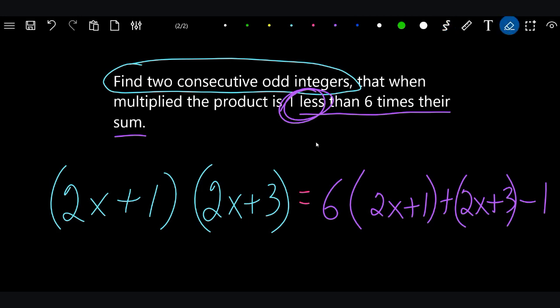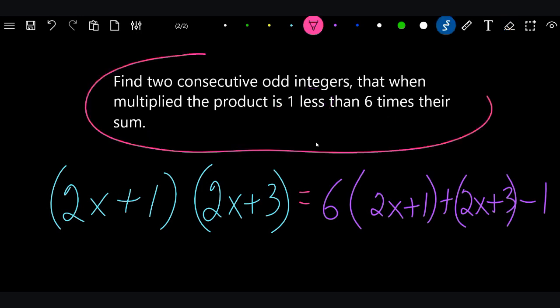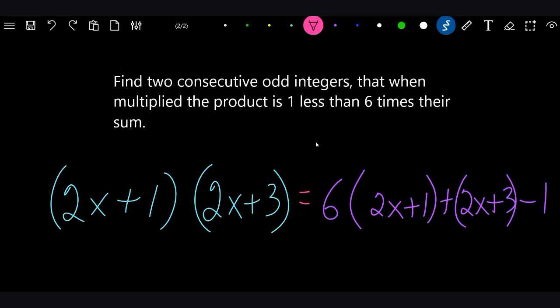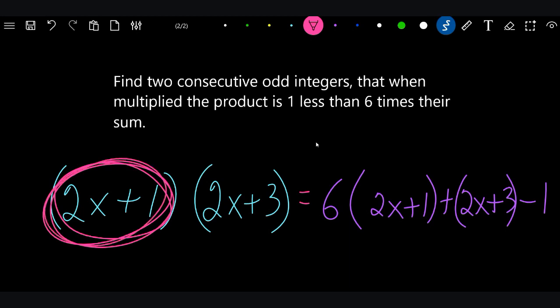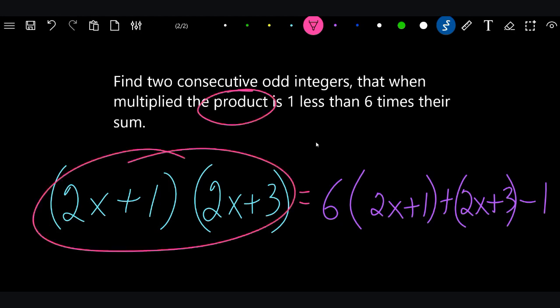What I did was, as best as I could, using algebra, I tried to write this. And I know it's fairly complicated. The biggest thing you need, the base, is that right there. That's the consecutive odd integer formula. So if you can understand that 2x plus 1 thing, then the rest of it should kind of make sense. Because here, you're doing the product. That's the product right there.